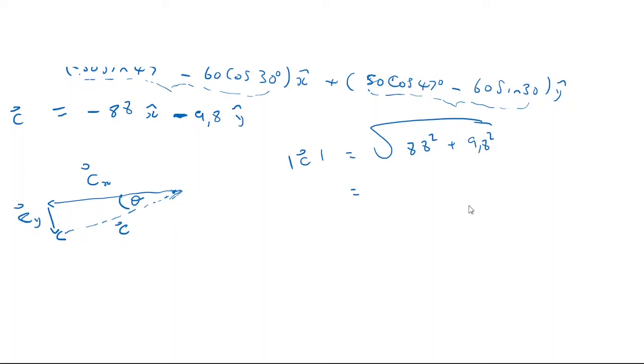There's no need for you to put a negative. So this is that, and then 9.8 squared, that is that. So you have 88.5, I think it's newtons if I'm not mistaken. So that's the magnitude of c.